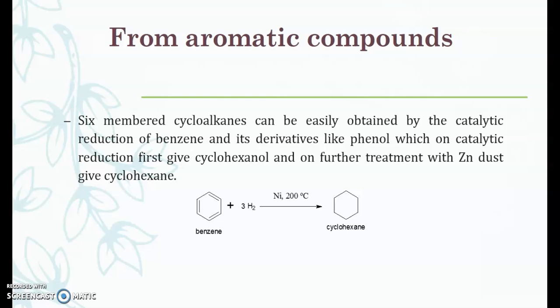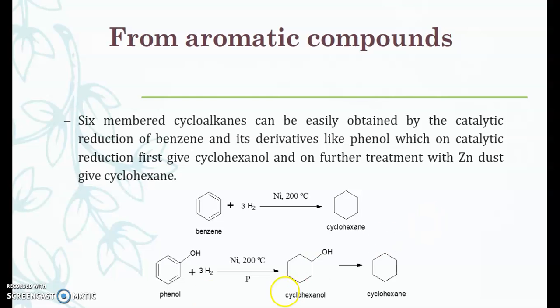Similarly, cyclohexane can be prepared from different phenolic compounds. Here you can see, first phenols are reacted with hydrogen so that the double bonds, the unsaturated compound, are converted into the saturated compound; catalytic hydrogenation is carried out. Now we have got cyclohexanol, and we have to remove this hydroxyl group.